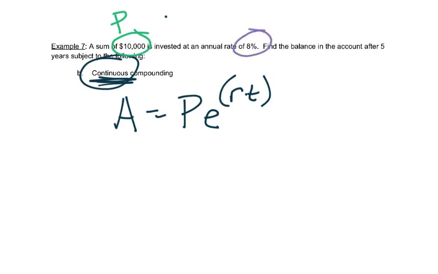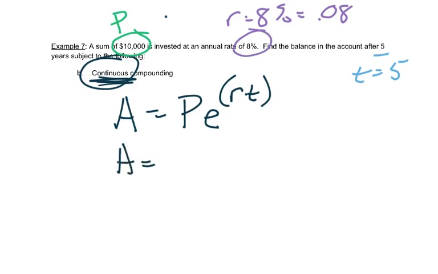My rate is still 8%, but we divide by 100 to give us 0.08. My time is still 5 years. And we're still trying to find the ending amount, A.